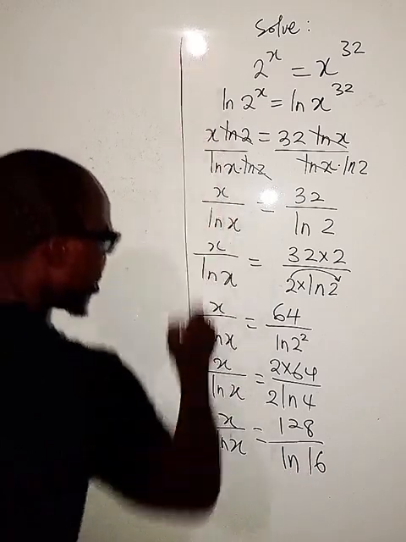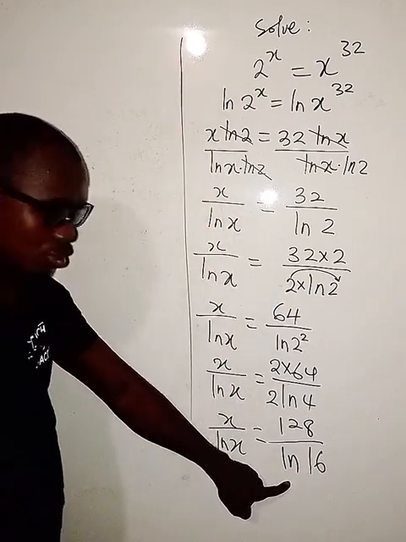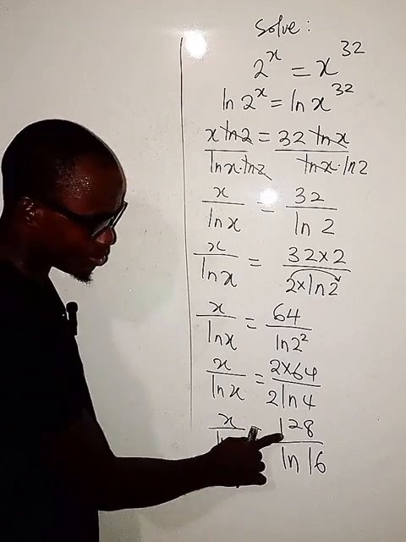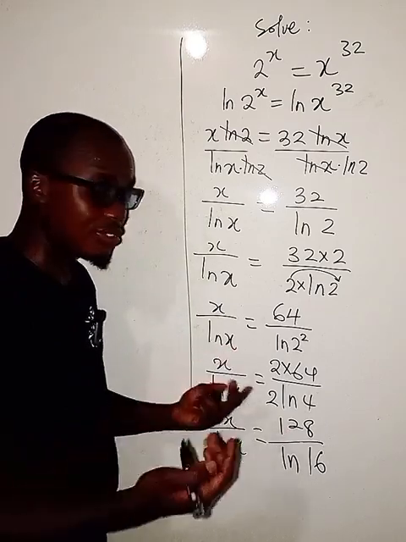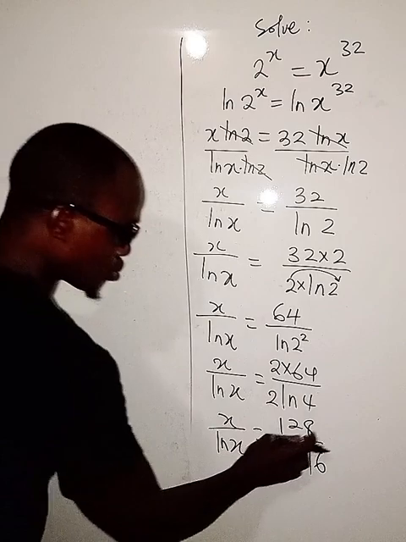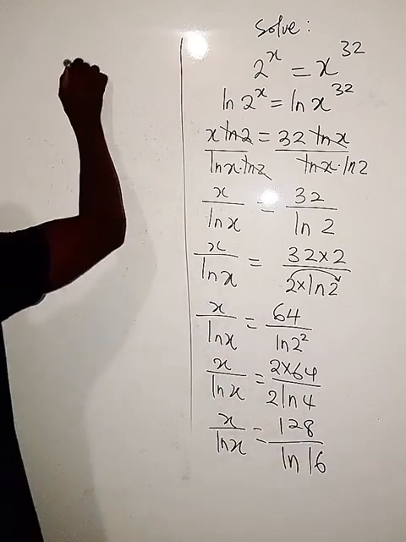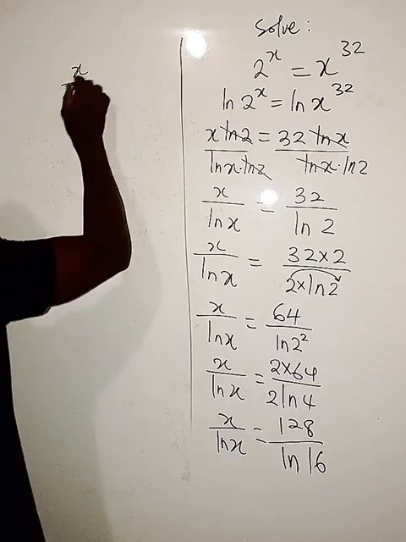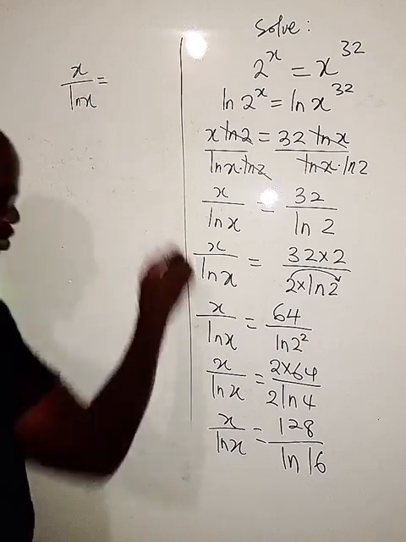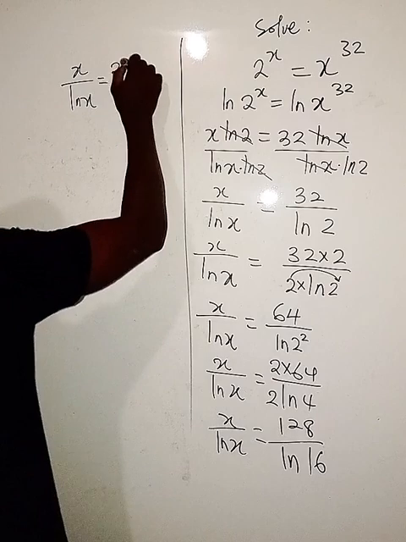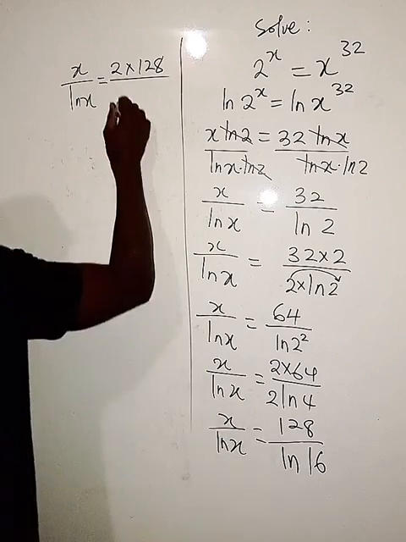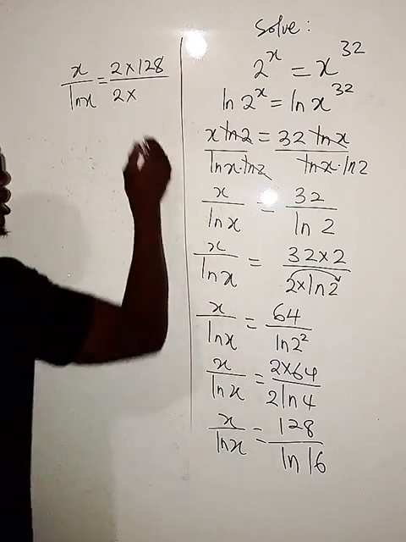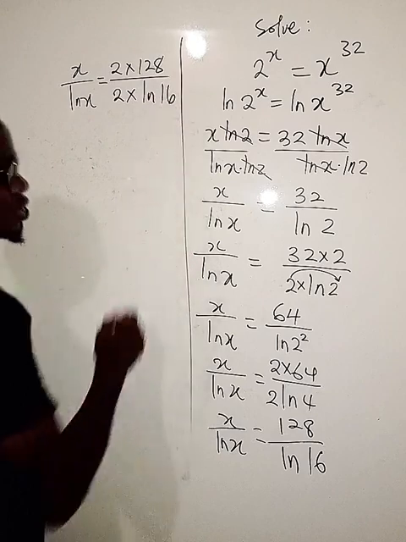Now from there, the next thing we do, let us go from here again. You can see that 128 is here and 16 is here, so we still don't have the same thing. So we're still going to multiply the numerator and the denominator by 2. We have x over ln of x equals 2 times 128 divided by 2 times ln of 16.